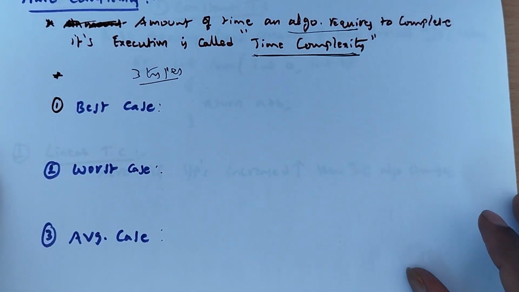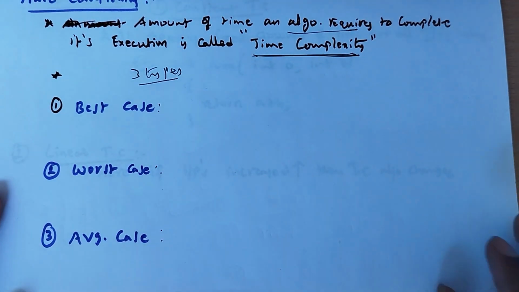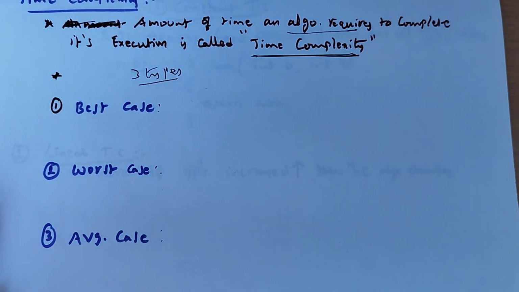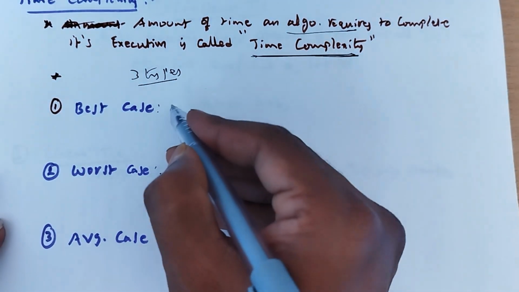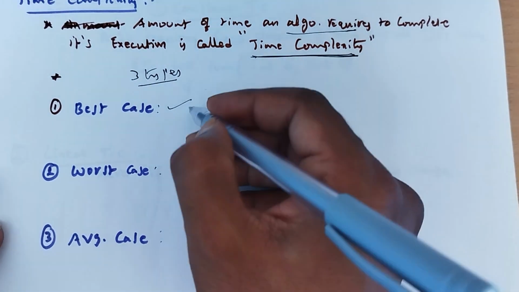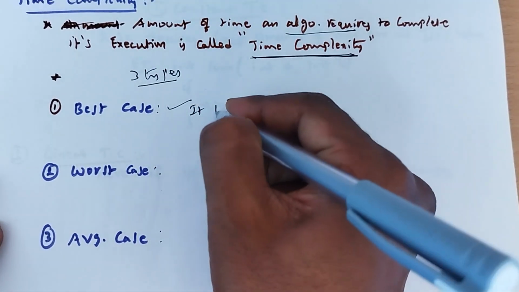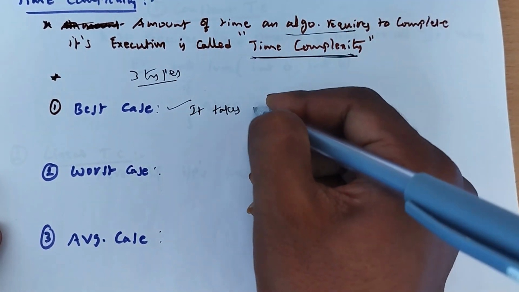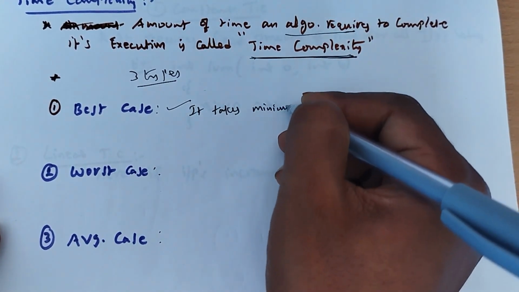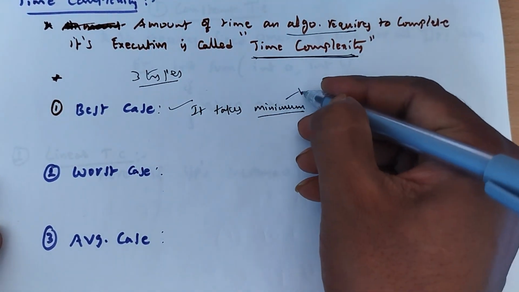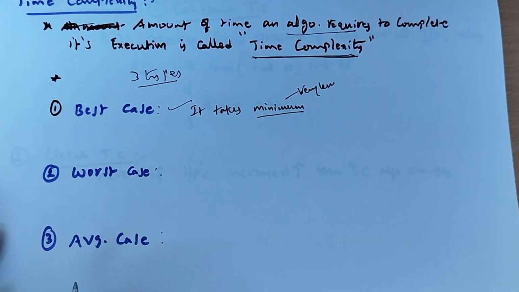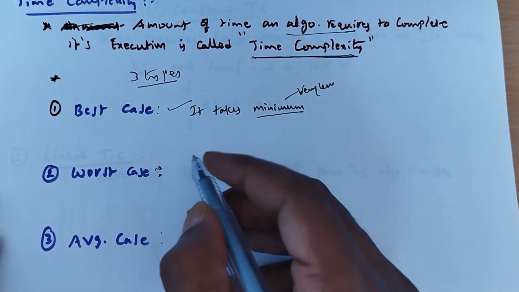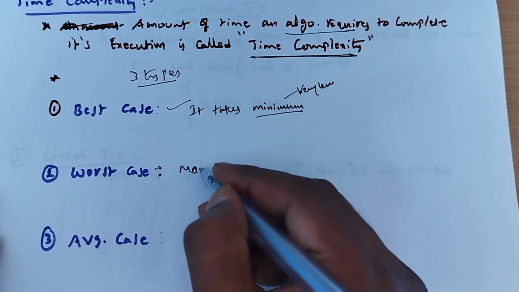What is the meaning of best case time complexity? If an algorithm takes very little time, the minimum amount of time, then it is called best case time complexity. And what about worst case? It is the maximum amount of time.